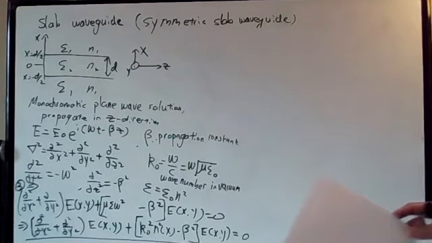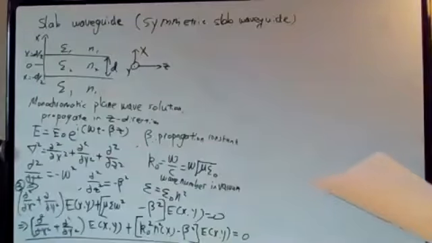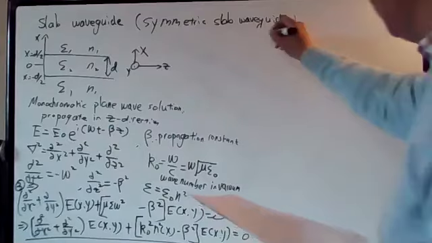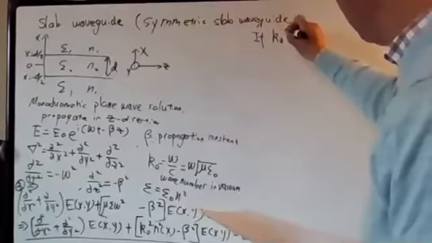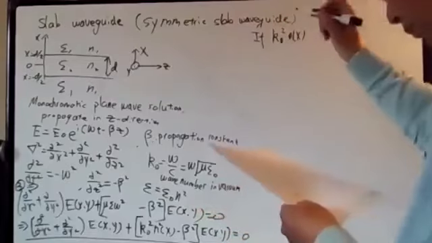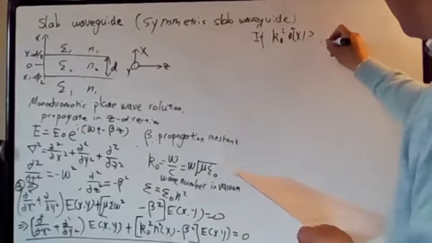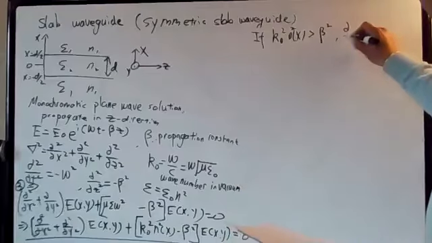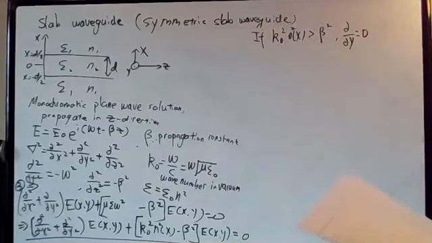Okay, now when we look at this equation, right, we need to actually determine two cases, right? First, if my k naught square n x square is greater than beta square, and partial y equals 0, right?